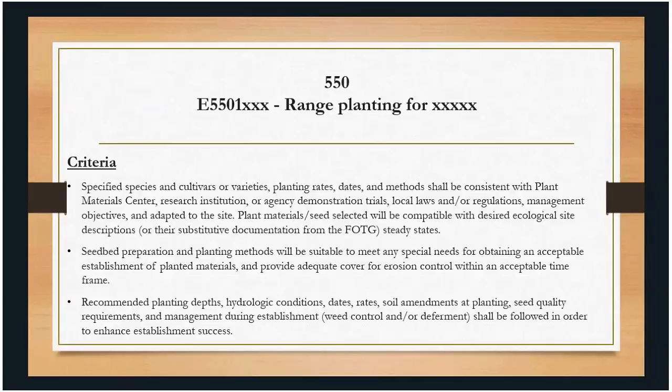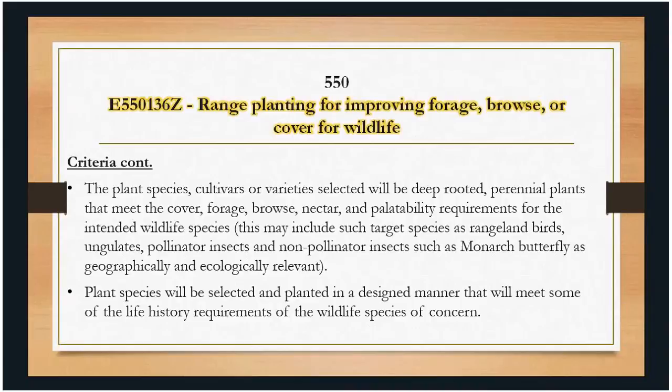The criteria are, we're going to use the Plant Materials Center or research or agency demonstration trial information to help choose what gets planted, and we're going to use the ecological site description to choose one of the states in the state and transition model that we are trying to achieve. And there's things in here about seedbed prep and planting depths and basic things about the range planting practice that we always do.